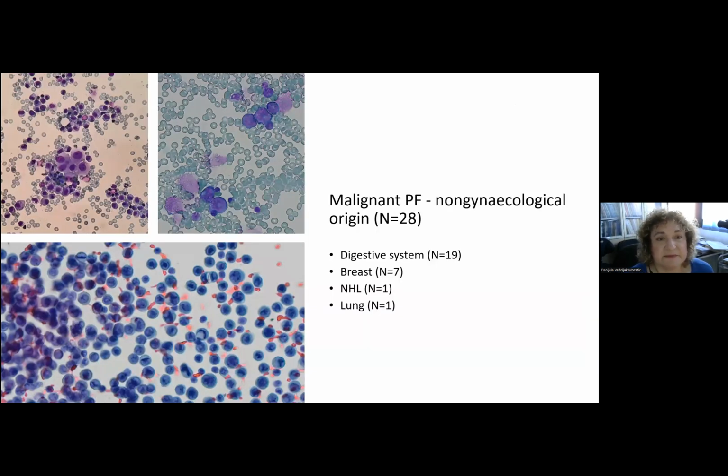We also had malignant findings with non-gynaecological origin. The majority were from the digestive system, and some from breast, one non-Hodgkin lymphoma, and one even from the lung. So these were metastatic tumors.